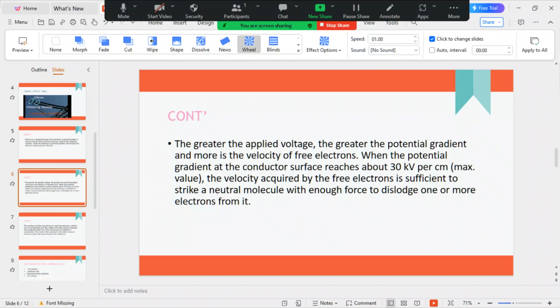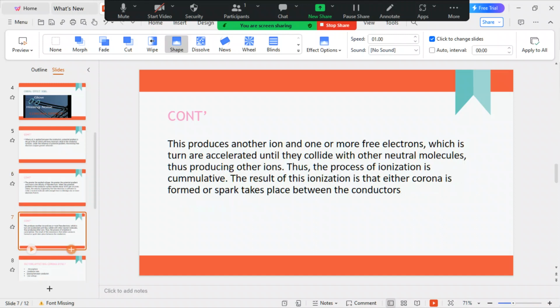An example is given of about 30 kilovolts per centimeter, at a maximum value. The velocity acquired by the free electrons is sufficient to strike a neutral molecule with enough force to dislodge one or more electrons from it.